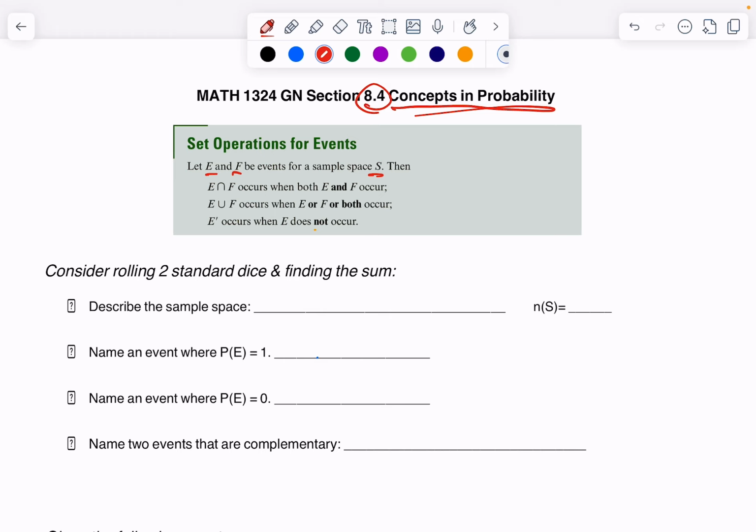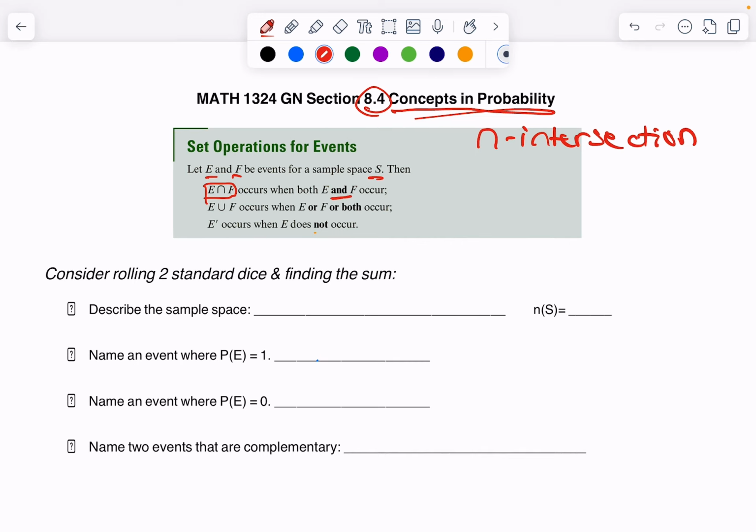Now, if we have E intersection F, this right here is the same thing as intersection. That occurs when both E and F occur. So this one is, actually, let me do it over here so that I have a little bit more room: intersection and, or both.